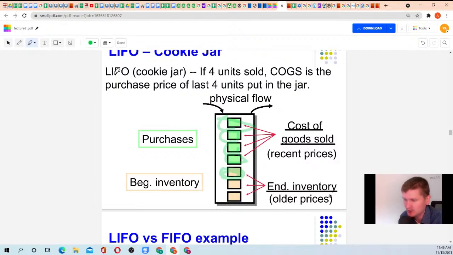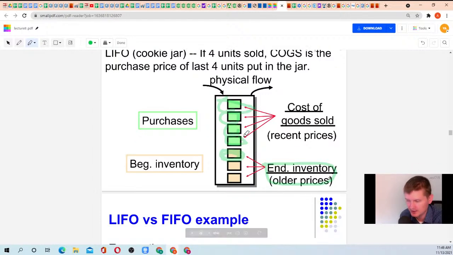So if we did LIFO in real life, in groceries for example, our beginning inventory would always spoil, and that would be a very unwise business decision. But we only use LIFO for accounting purposes. We assume that we allocate to cost of sales what we purchased last, compared to what we purchased first in FIFO.